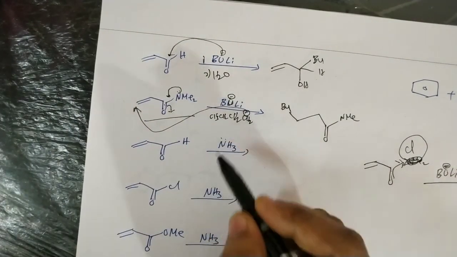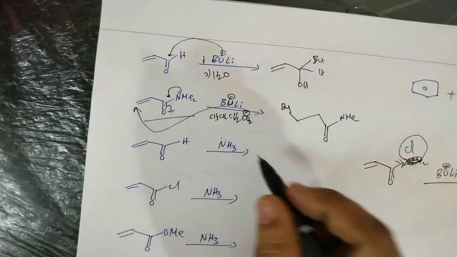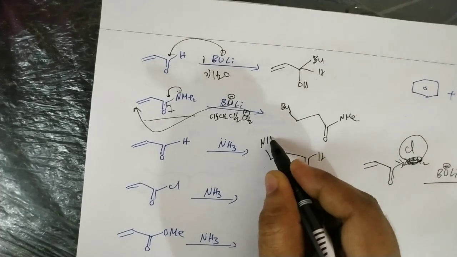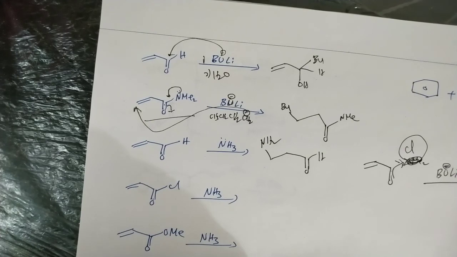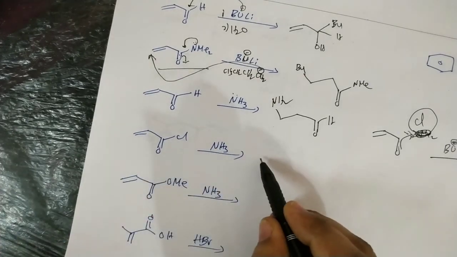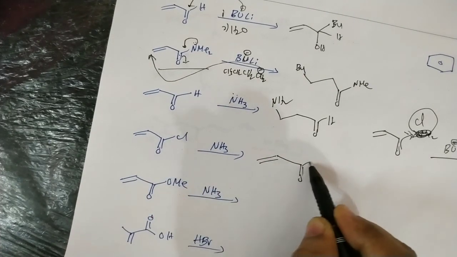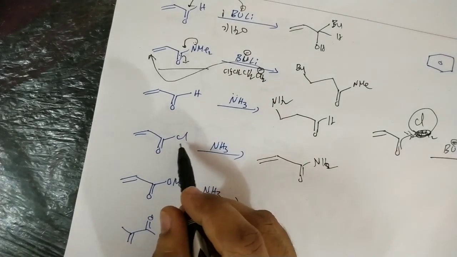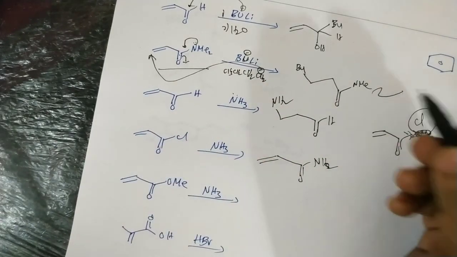Now in this case aldehyde and ammonia, here conjugate addition takes place. The ammonia is a weak nucleophile, so we'll get the NH2 here. Next, with acid halide, the acid halides are more reactive, so direct addition takes place, that is NH2. That means addition followed by elimination reaction.